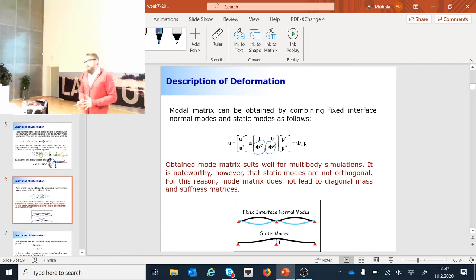And this one big package includes two different kinds of deformation modes. The ones that I call fixed-interface normal modes, those are the ones that are coming from the eigenvalue analysis that we just looked at. Remember that? And then static modes. And in the static modes, I have this unit displacement in boundary degrees of freedom, one at a time.